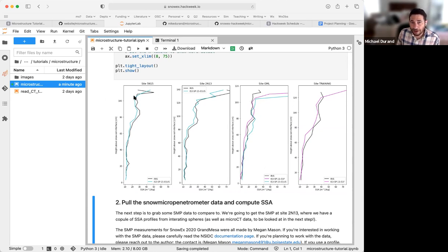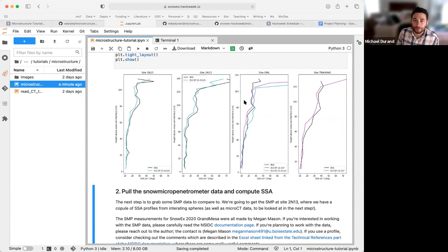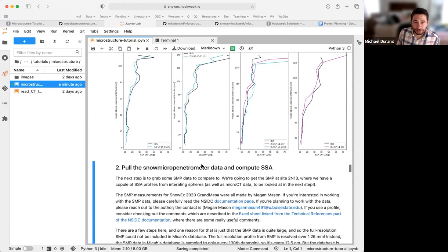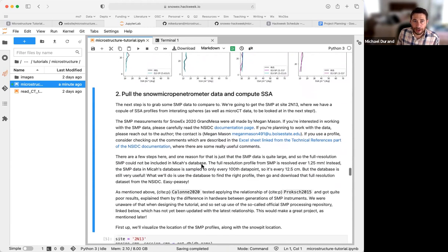I tend to not be too concerned because I'm interested in the microwave response mostly, and to microwave this stuff is all fresh. It's like 70, 50, 30 SSA, it's all the same. It's all fine grained snow that the radar is going to more or less see through until you get to these lower values. Okay, so that's the first of the exercises.